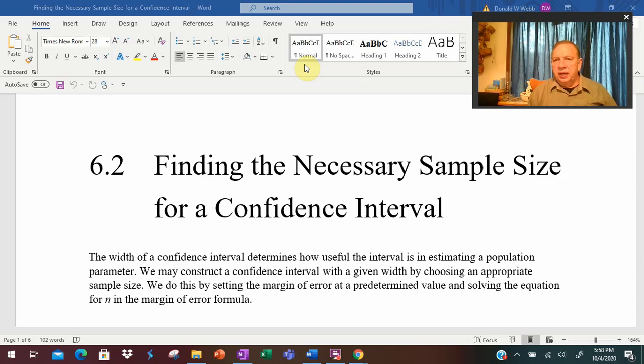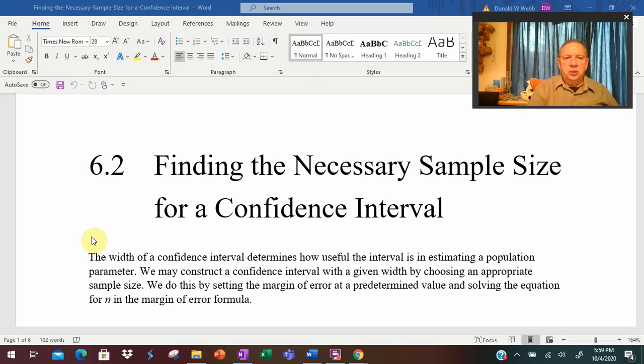So you would like to say, I want some margin of error at some confidence level. Tell me what sample size I need to give me that interval and margin of error. That margin of error is the plus or minus version of that.